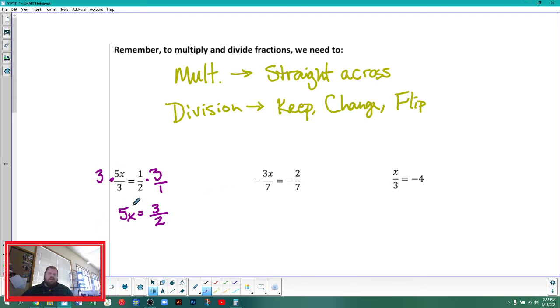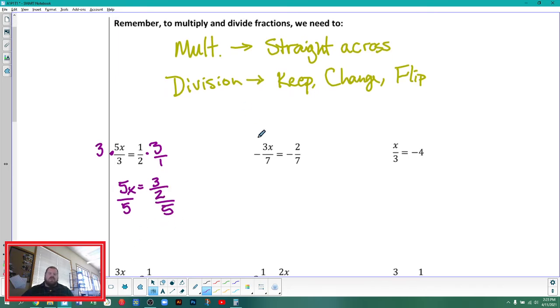And then to undo the multiplying by 5, I'm going to divide. And that's kind of weird to think of, to divide by 5, because I keep change flip.